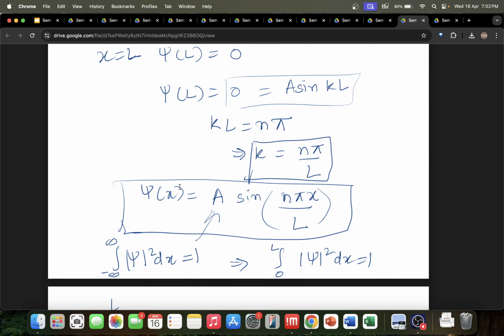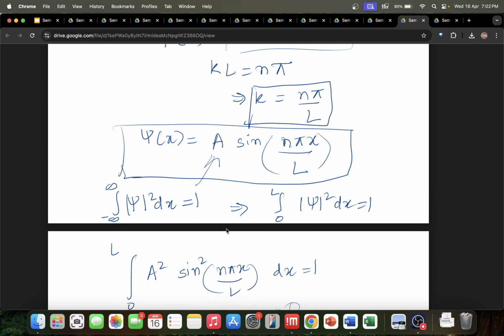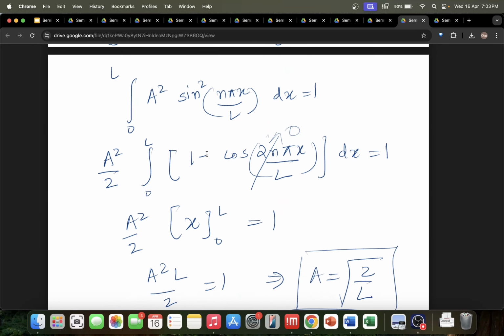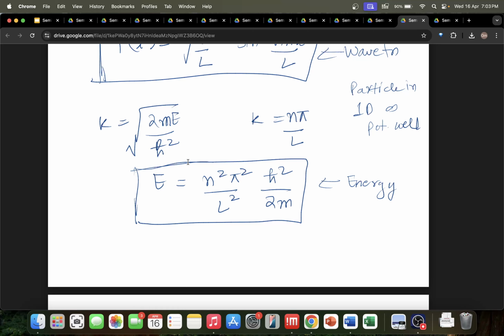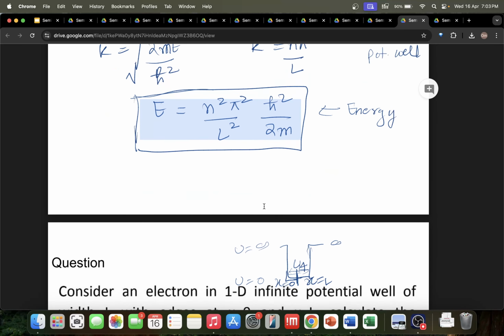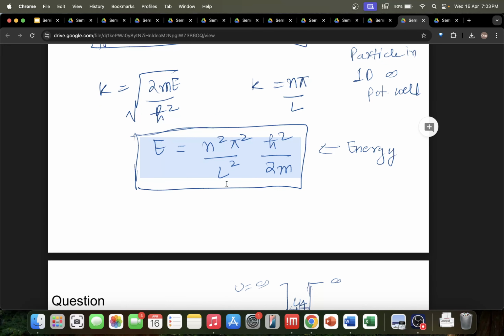This is the formulation, then the solution for the particle in an infinite well, that is the wave function. Then normalization can be done to identify that A is root 2 by L. Then we found the energy, n squared pi squared h-bar squared by L squared by 2m. It's very, very important.